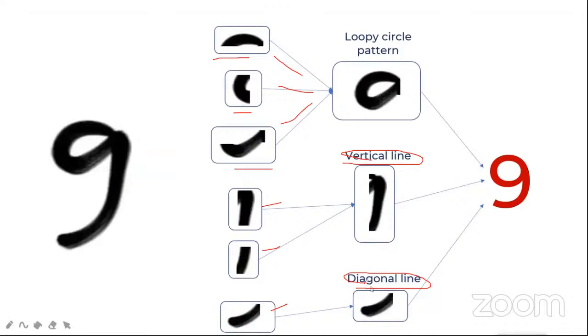So whenever you give any input number digit, if you are getting these three patterns, the loopy circle pattern, the vertical line pattern, and the diagonal pattern, then definitely you want to give the output as that digit. I am training the neural network algorithm like this. So that is the use of this number digit example.